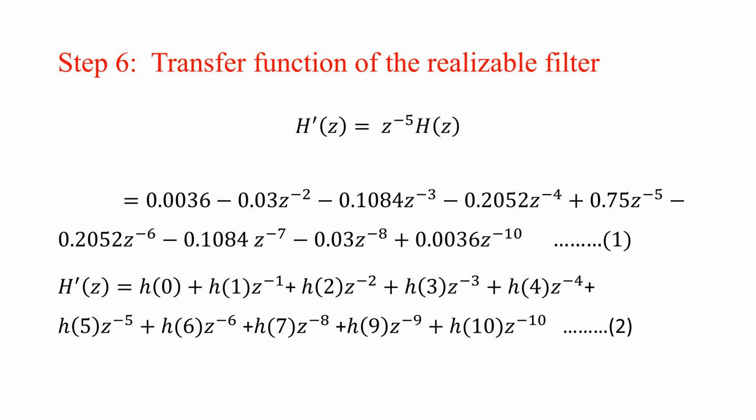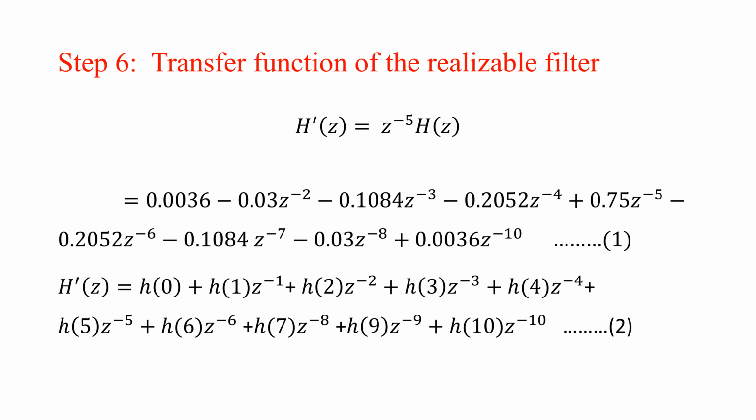Now, in the next step, we can find the transfer function of the realizable filter. Actually, the realizable filter transfer function is h dash of z, which is z power minus 5 into h of z. We have to multiply z power minus 5 into h of z.